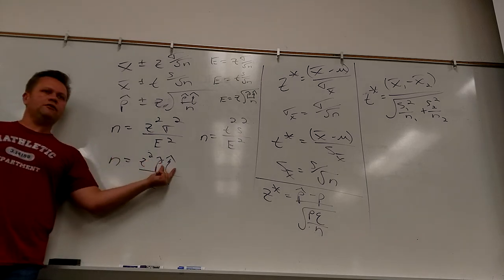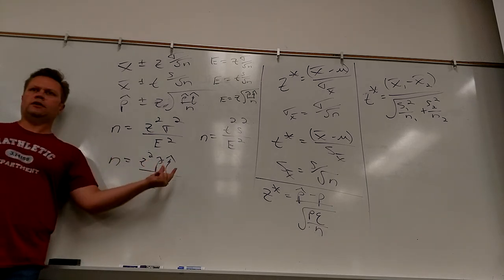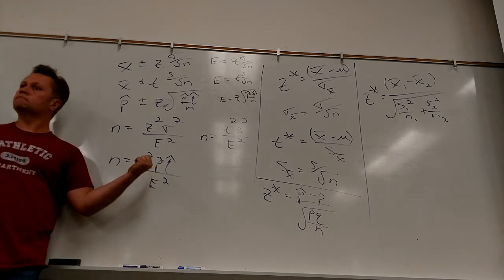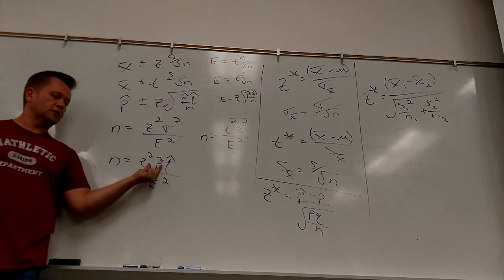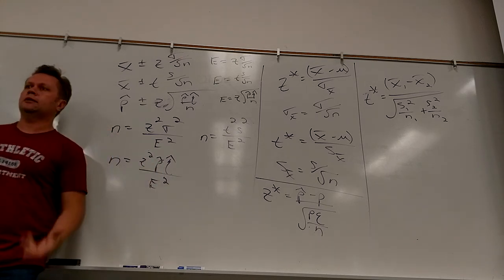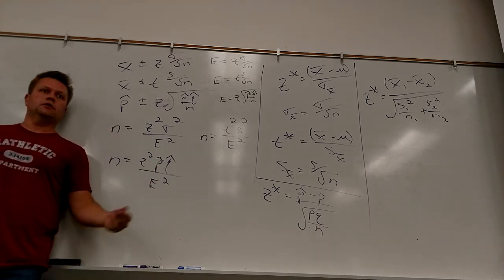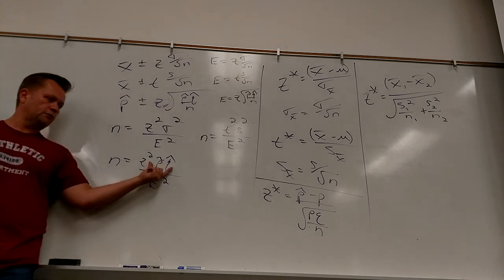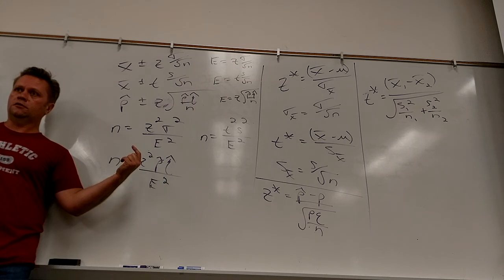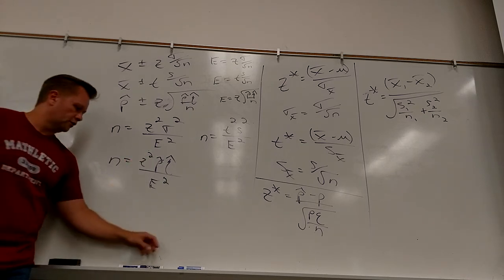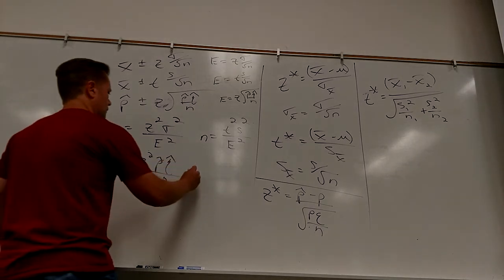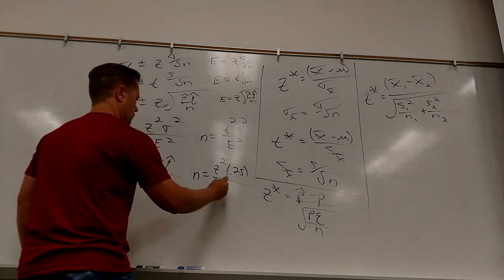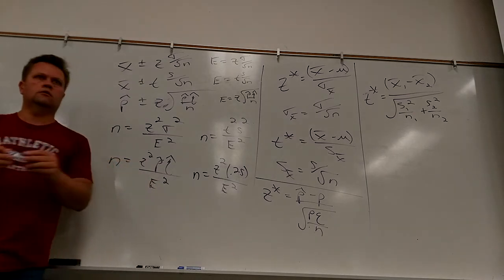If I don't have those, what's my best guess for them? 0.5. And what's 0.5 times 0.5? 0.25. So there's a formula that's got a 0.25 here. Do you want to put that formula down? That's for if you don't know p hat.